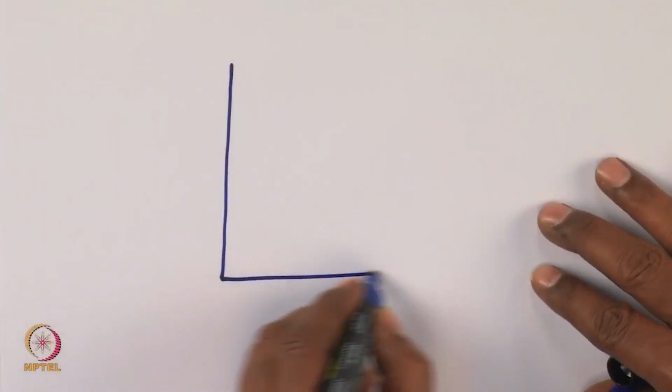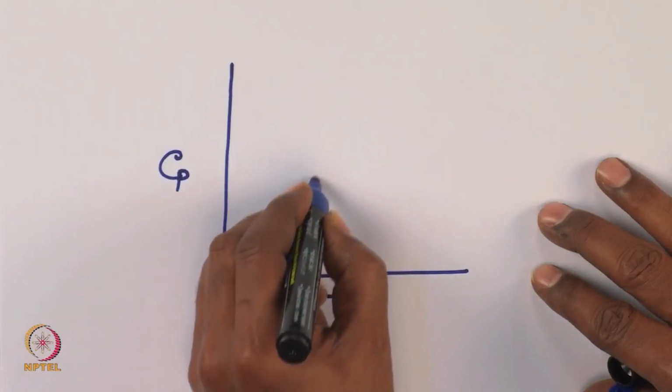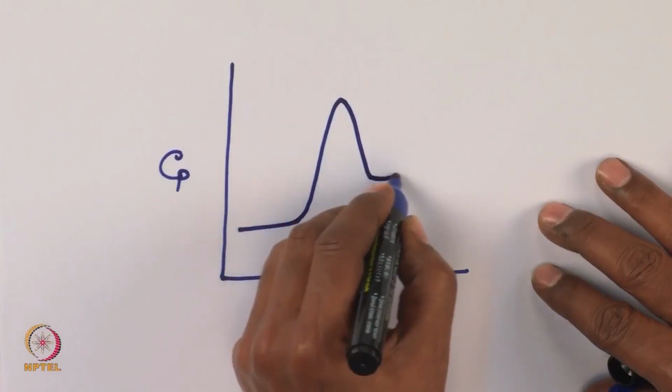So, differential scanning calorimetry can also establish whether the folding and unfolding is reversible or irreversible, because let us say we have Cp against temperature, and this is the first scan.